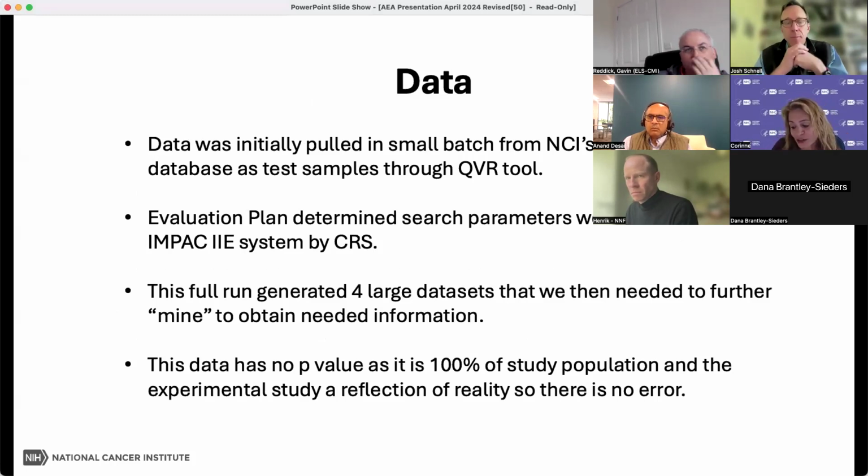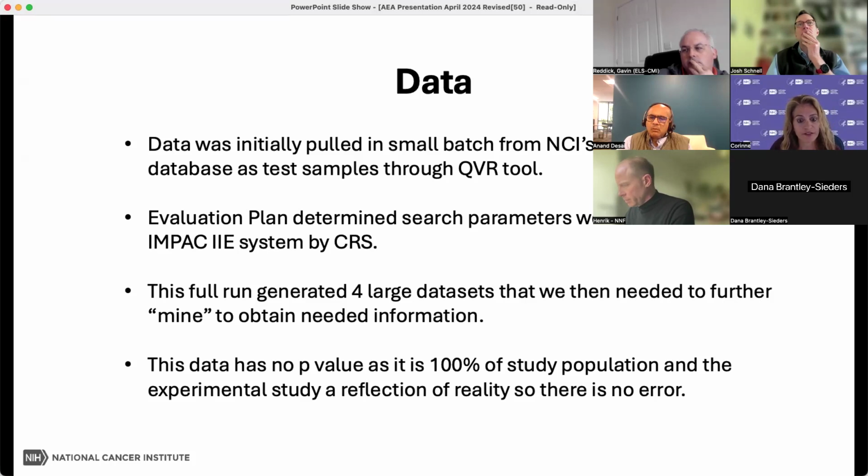About the data in general, as I mentioned, we initially pulled test data through Impact2 using the QVR tool. Our collaborators had the tools necessary to speak directly to Impact2, so they were able to give a much more detailed and just overall comprehensive amount of data.